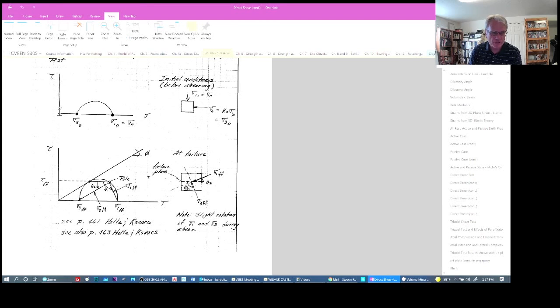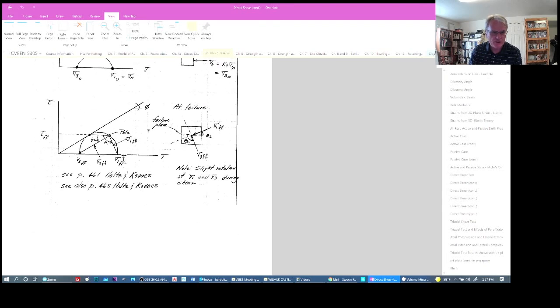So we have a Mohr circle that looks like this, coming from here to here. But as we increase and begin shear, eventually the normal stress keeps increasing, and then we reach a failure point. So I've redrawn this, with sigma 1 at failure and sigma 3 at failure, the minor principal stress at failure.